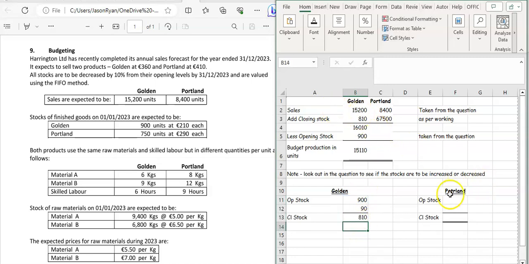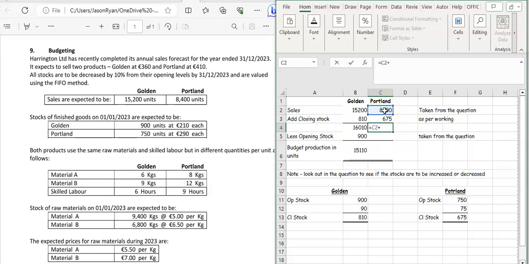It's the same up here. So your opening stock, 750, you're going to multiply that by 10%, then you're going to take it away, and you're going to get the same figure. So our closing stock is going to be 675.